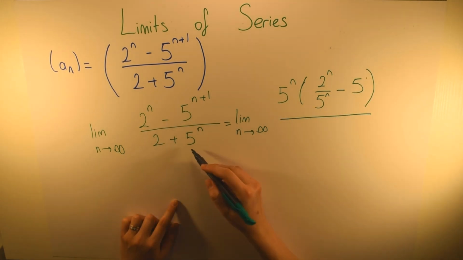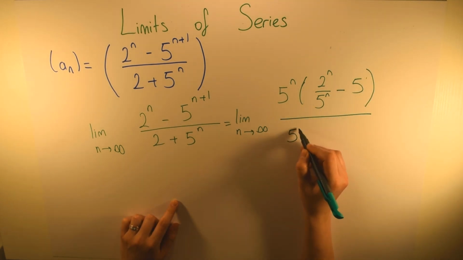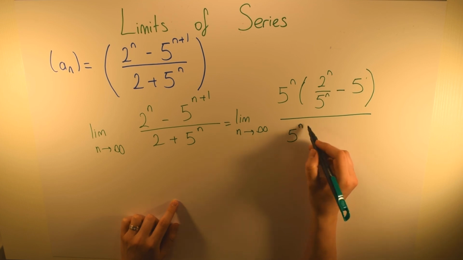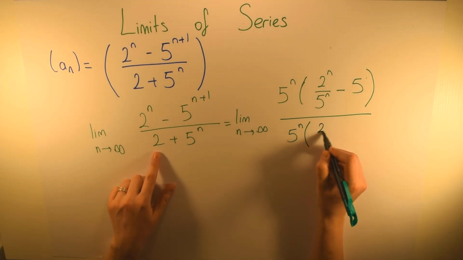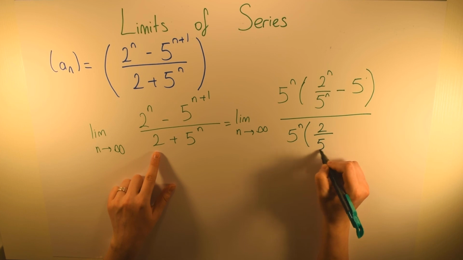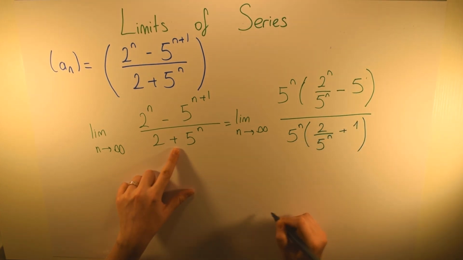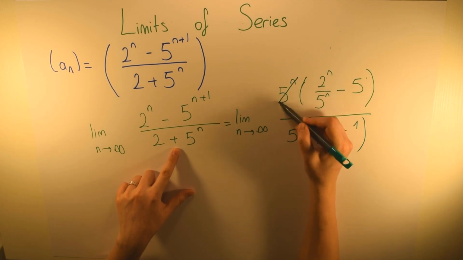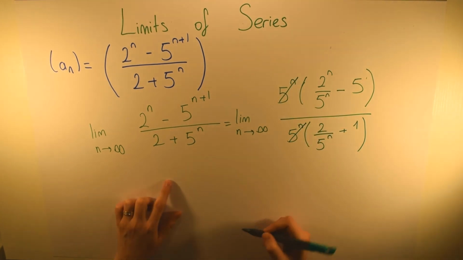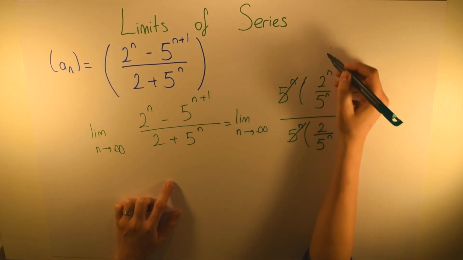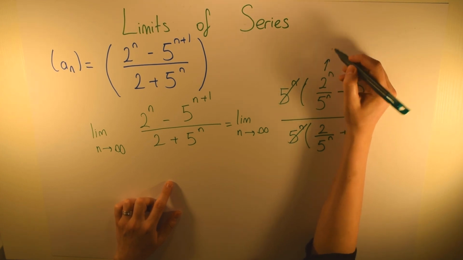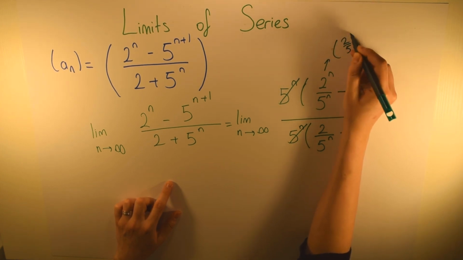In the denominator I will take 5 to the power of n in parentheses, and this is equal to 2 over 5 to the power of n plus 1, right? So okay, now I can cancel out these two, and as you can see this is actually equal to 2 over 5 to the power of n.